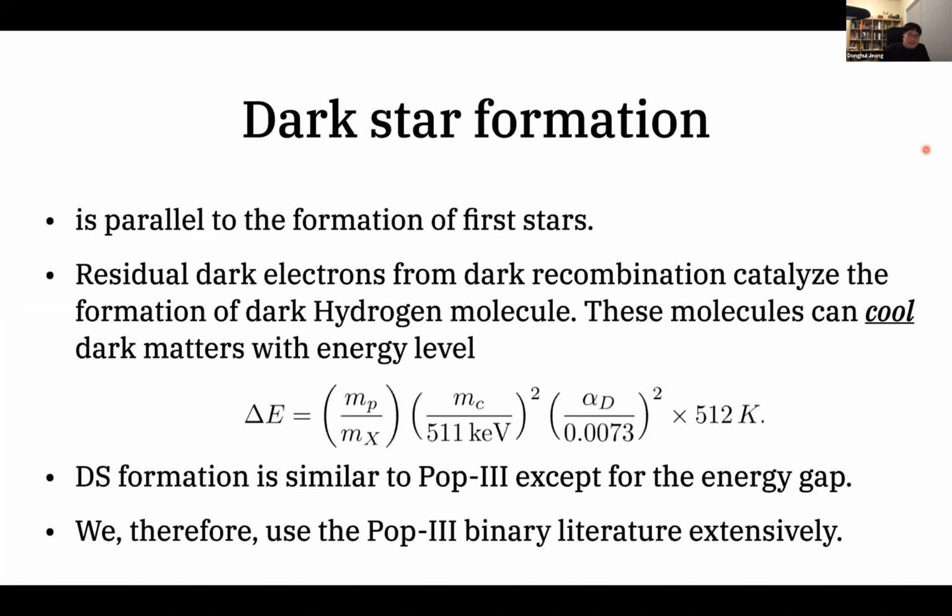This mass scale is a very interesting feature because it depends on the temperature of the hydrogen molecule, the dark hydrogen molecule. The dark hydrogen molecule's ground state and first excited state energy levels are basically determined by the rotational energy level, which, as you know, is L squared over 2I, inversely proportional to the moment of inertia.